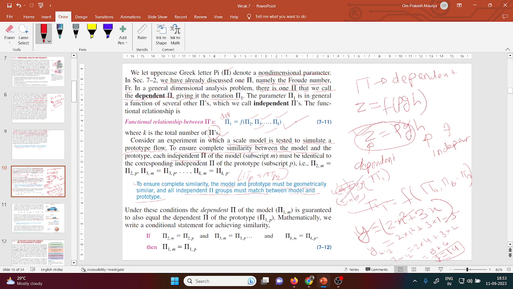If the model has 4 independent pi's, then the prototype should also have 4. Under these conditions, the dependent pi of the model is guaranteed to equal the dependent pi of the prototype. If the independent pi's are equal, the dependent one will be equal. Mathematically, pi 2 of the model equals pi 2 of the prototype.